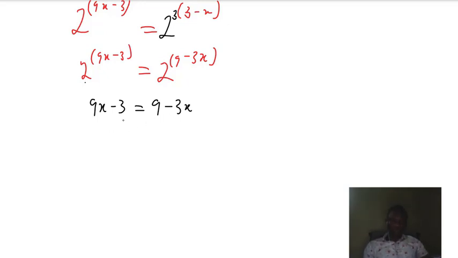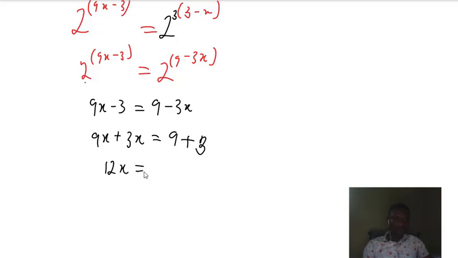By grouping like terms, we have 9x plus 3x, because this 3x, when you group like terms, it becomes positive, which is equal to 9. And this 3 is negative, the moment you group like terms, it becomes positive 3. So 9x plus 3x will give us 12x, and it's equal to 12.